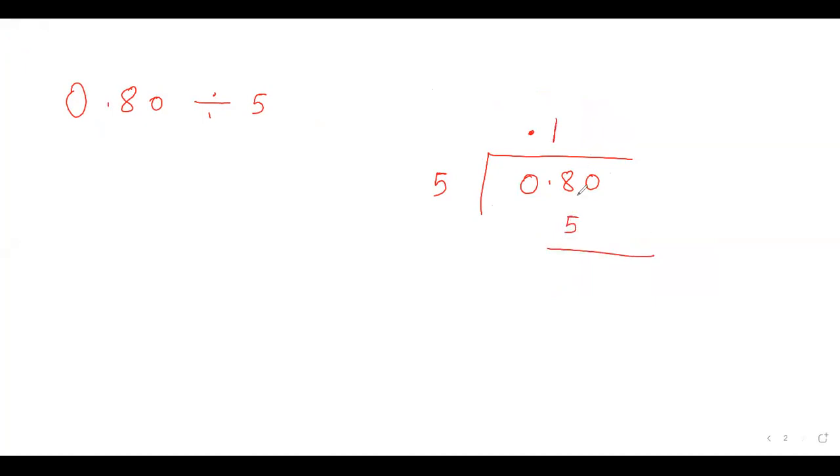So 8 minus 5 is 3. Now I am writing 0. So 5 sixes are 30. So the final answer is 0.16. I'm done. Same answer I am getting.